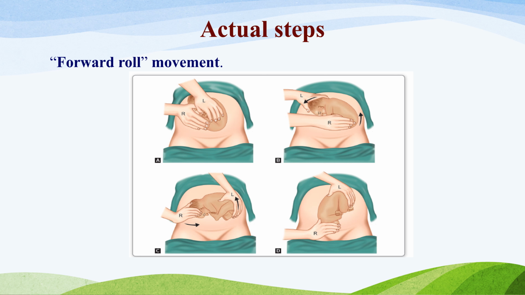After the procedure, you have to take a reactive non-stress test, and then you have to see whether the fetus is having bradycardia. There may be transient bradycardia due to the head compression, which is expected to settle down within 10 minutes.